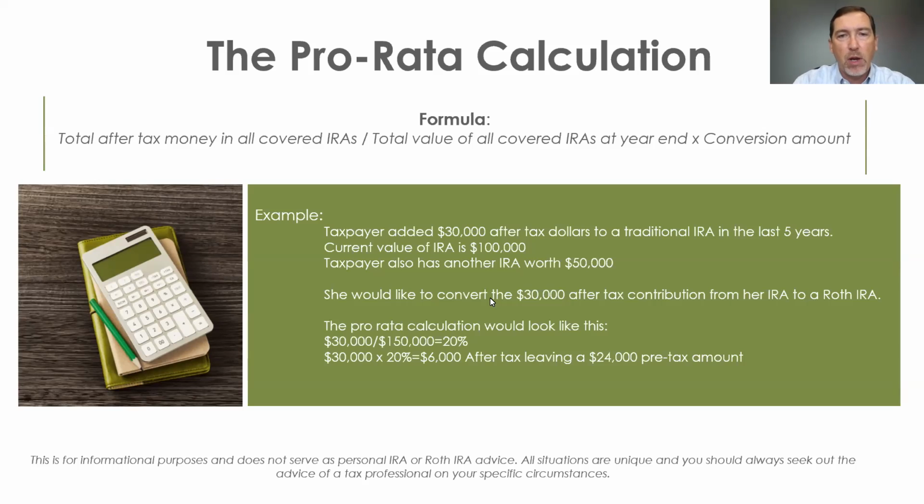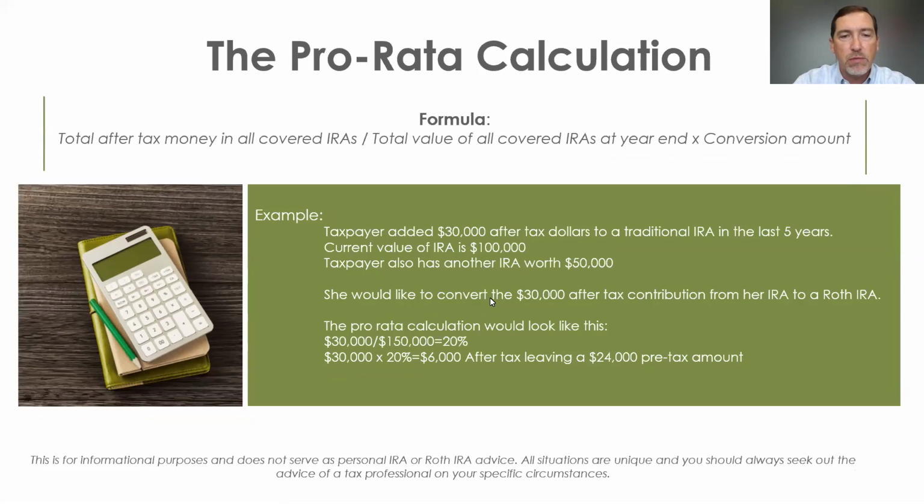Let's say a taxpayer had added $30,000 of after-tax dollars to a traditional IRA in the past 5 years. The current value of the IRA is $100,000, and the taxpayer has another IRA with $50,000 in it. She wants to convert the $30,000 after-tax contribution from her IRA to a Roth. The calculation looks like this. You take the $30,000 and divide it by the total, which is the $100,000 IRA and the second $50,000 IRA.